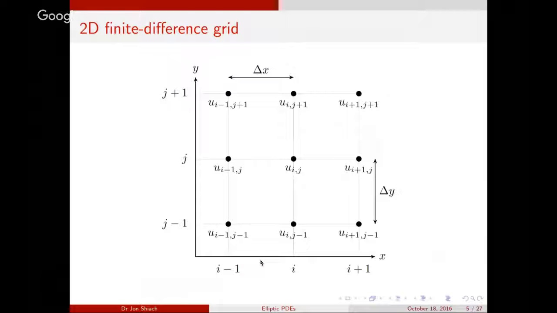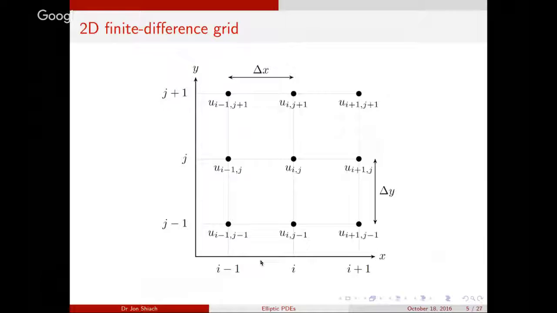We refer to i and j as indexes or indices. i tells us what's happening across the x direction. If we start at the one in the middle, which is u i,j, then u i minus 1,j tells me I'm stepping 1 to the left in the x direction. If I step one to the right, I have u i plus 1,j. The i goes left to right, j goes up and down.